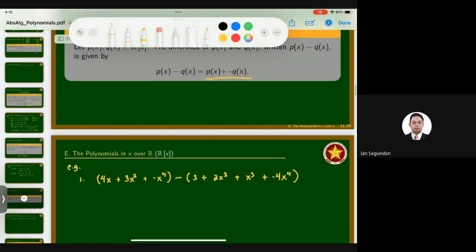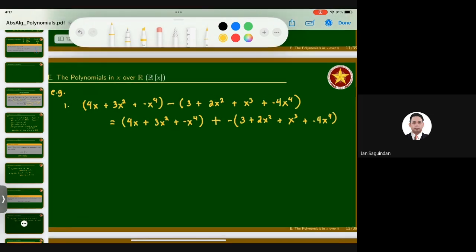According to the definition of the difference, we are going to fix the first polynomial as it is. So 4x plus 3x squared plus negative x to the fourth. And then the minus sign will be replaced by the plus, provided we introduce the negative of the second polynomial. So it is literally what you have learned way back in high school, or the general idea behind what you learned way back in high school.